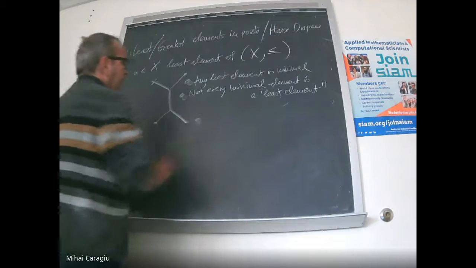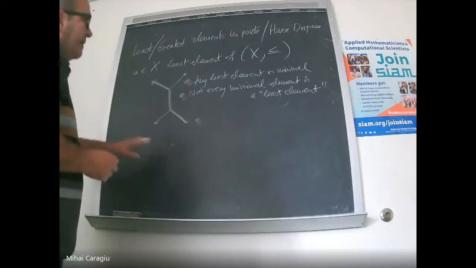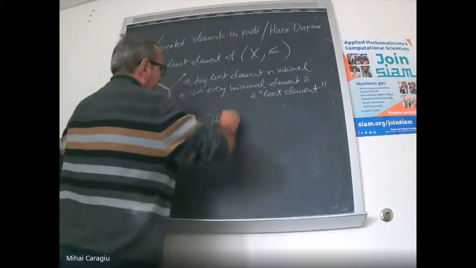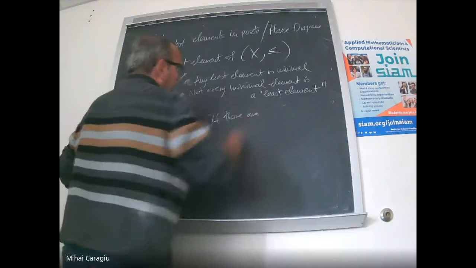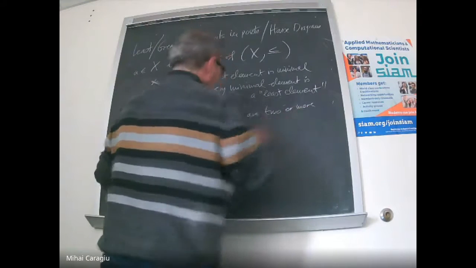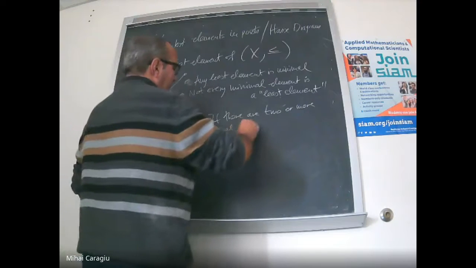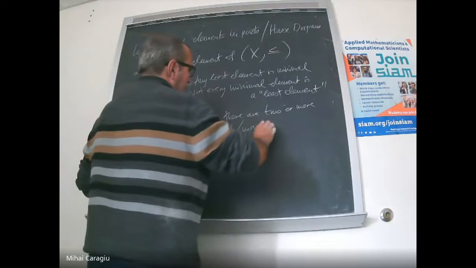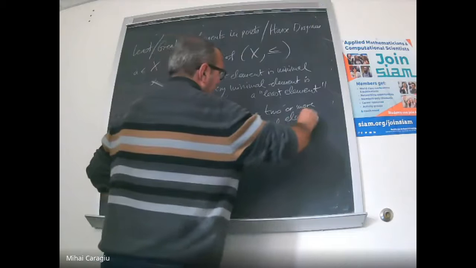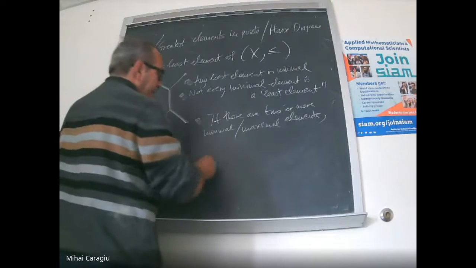But if there are two or more minimal/maximal elements, then there is no least/greatest element.